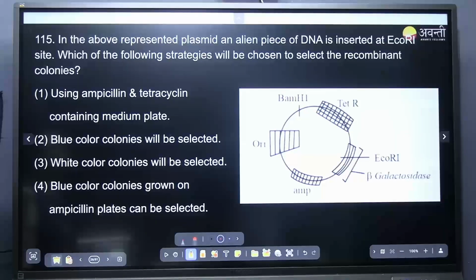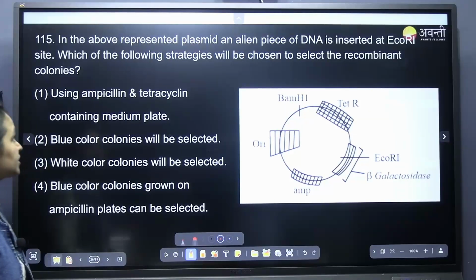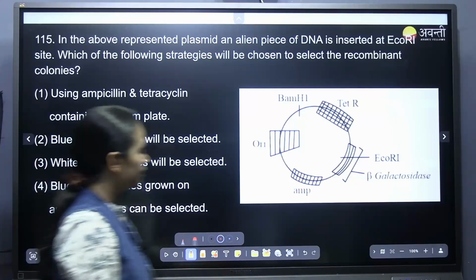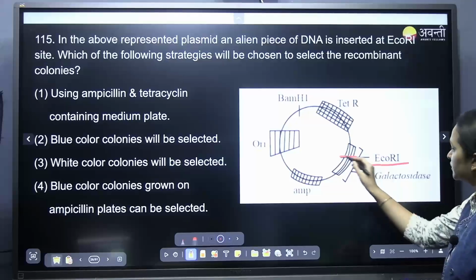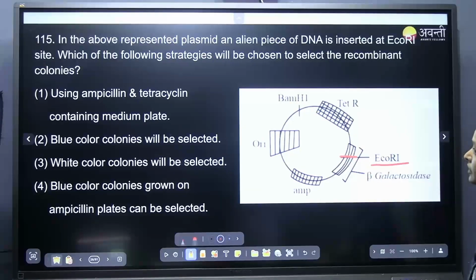Now the above represented plasmid has an alien piece of DNA inserted at EcoRI, that is in this particular site. Which of the following strategies will be chosen to select the recombinant colonies?